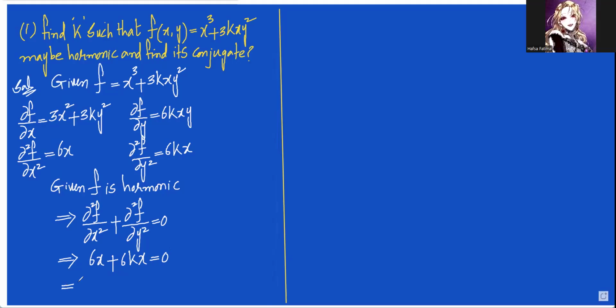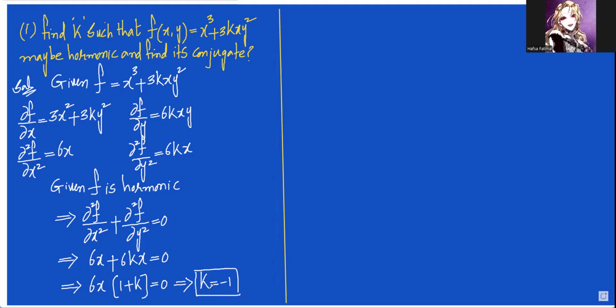This implies if you take 6x common, we get 6x into 1 plus k is equal to 0. Since 6x will not be 0, if x is 0 then function will not be defined. This implies k plus 1 is equal to 0. K value is minus 1. So we got it, k value is minus 1.